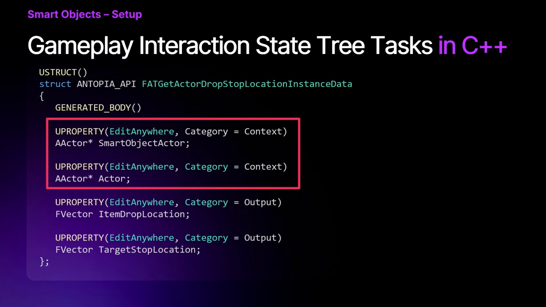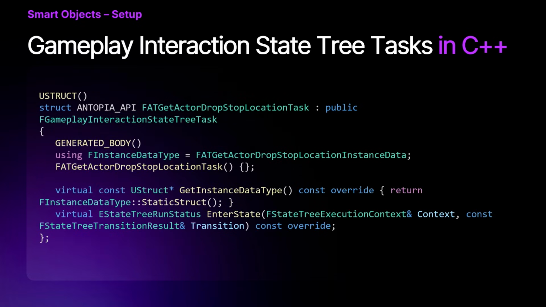For the gameplay interaction ones, you will have something like smart object actor and smart object claim handles like this. So for reference here, the smart object actor is the actor that contains the smart object component, and the actor is the actor or agent that interacted with that smart object.